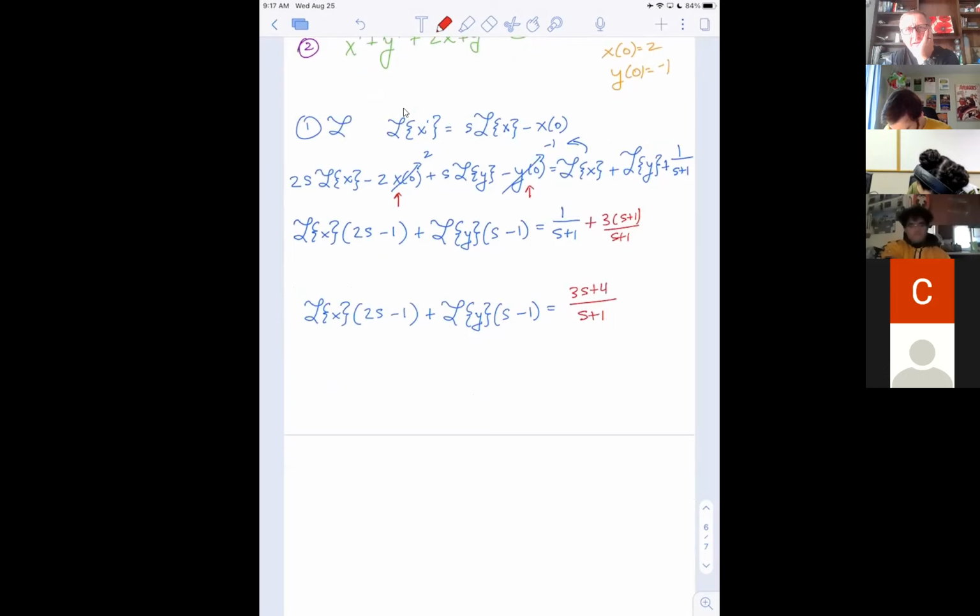So this technique, if you remember, hung on the fact that all I have to do now is solve for the Laplace transform of y. But the problem is I have 2 of these, right? A Laplace transform of x and a Laplace transform of y. So how am I supposed to get out of that mess? How am I supposed to make any progress if I have 1 for x and 1 for y?